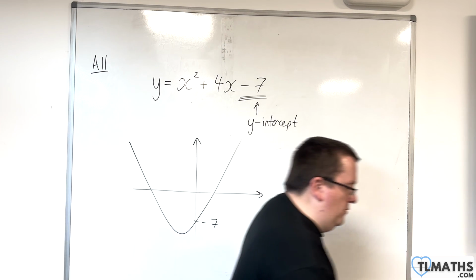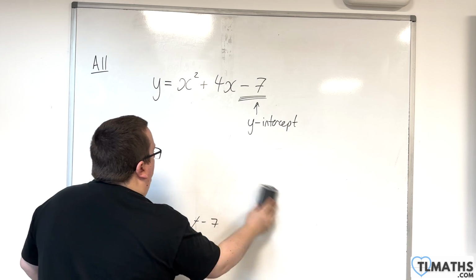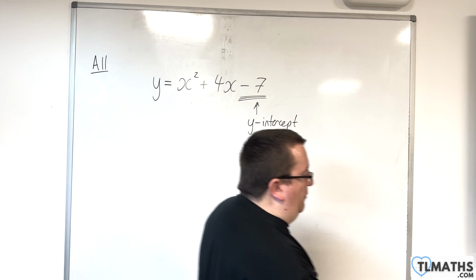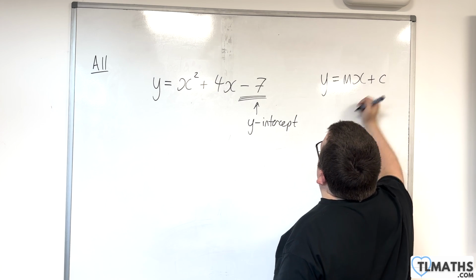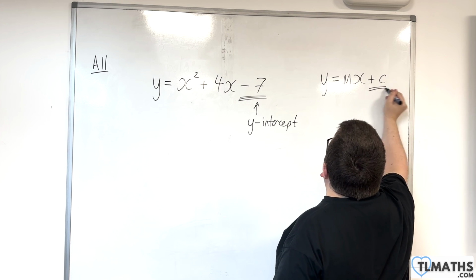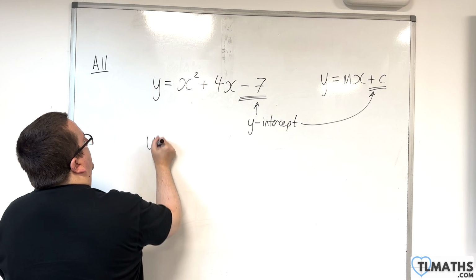So, is that true in general? Can you just look at the final term? Is it just like when you've got it in y equals mx plus c form? Okay, remember this for a straight line equation. This is your y-intercept. Is it the same?